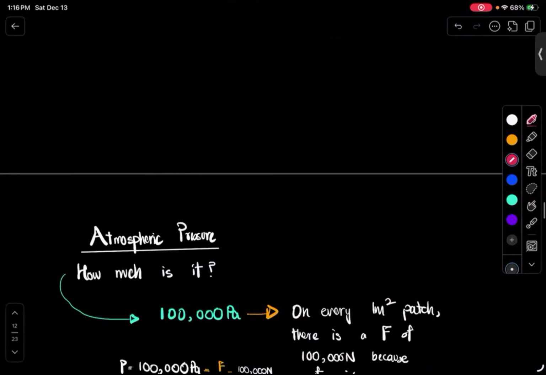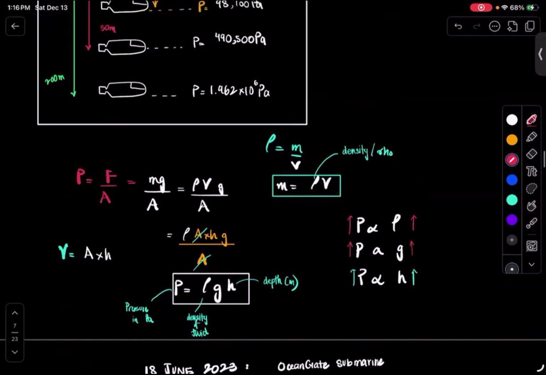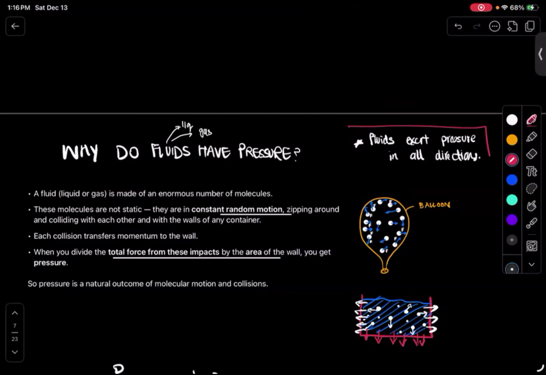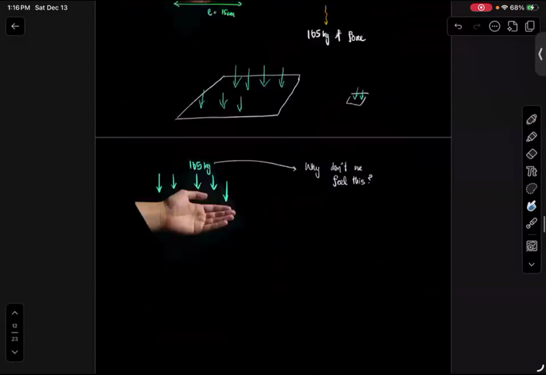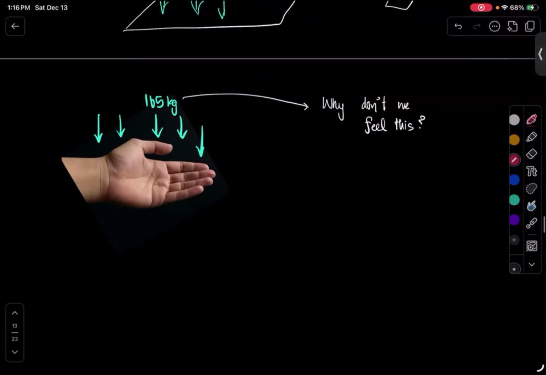I told you earlier that fluids exert a pressure in all directions, right? So that means if you have the force from upwards, you are going to get the same force from downwards as well, right?